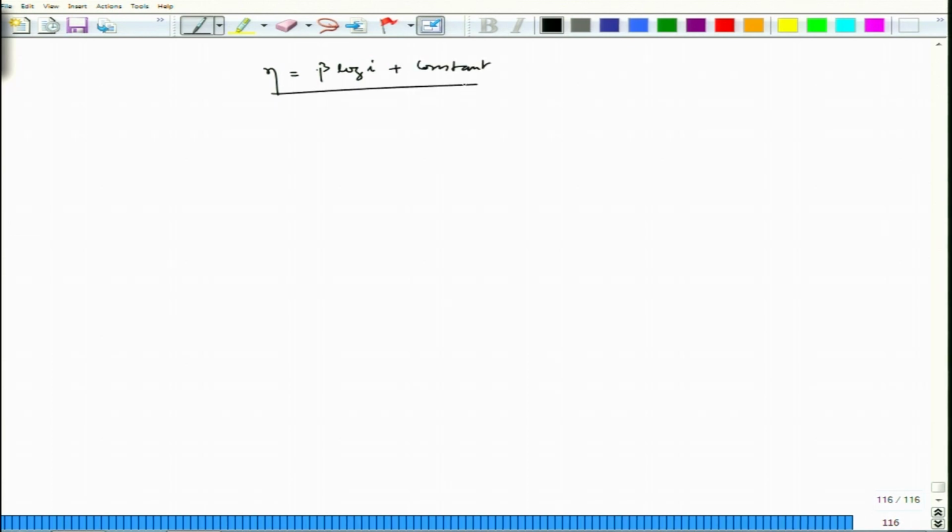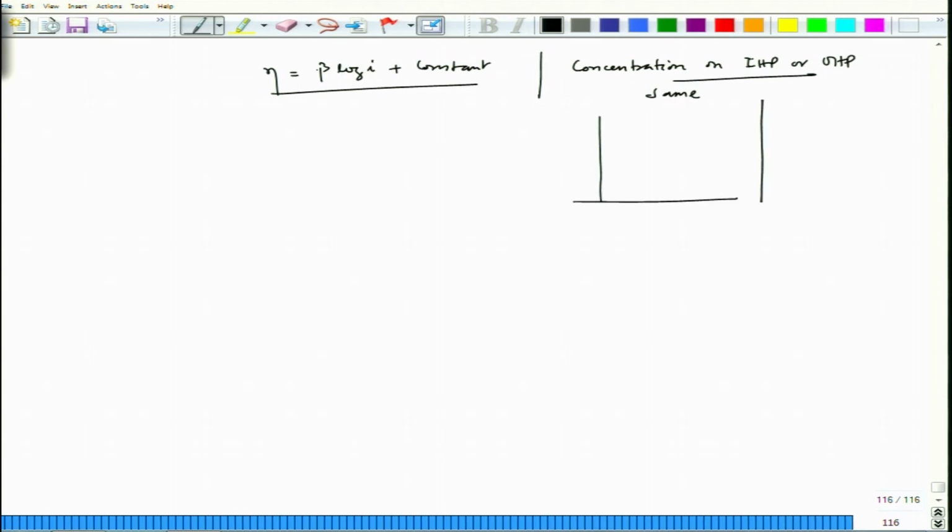If we see it carefully, here we are considering that the concentration on IHP or OHP, they are same. They are not changing during the polarization. And it is not changing, because if I see the actual system, we have a bulk system where this is IHP and this is OHP, and then we have a bulk system where Mn plus ions are also present.